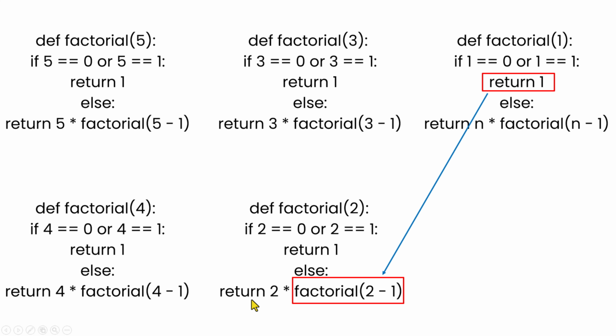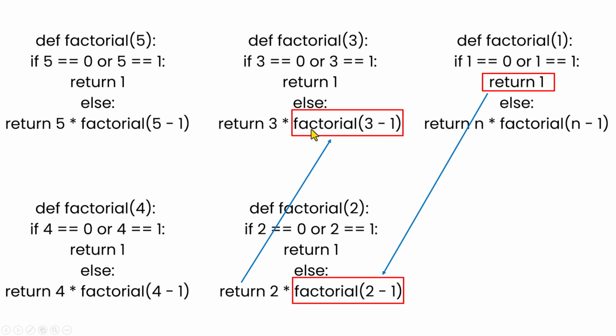Now it is return 2 into 1. 1 is the result of this. 2 into 1 is 2 and the value 2 will be returned to factorial 3 minus 1. Why? Because this return is the result of this function call. So factorial 3 minus 1 is now 2.